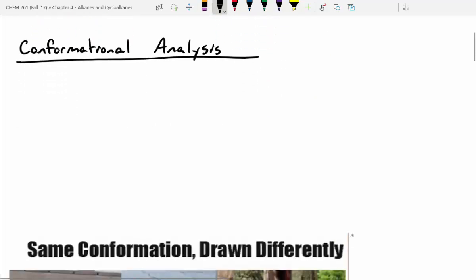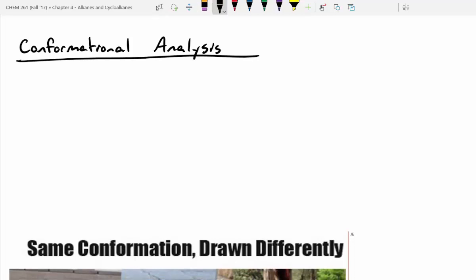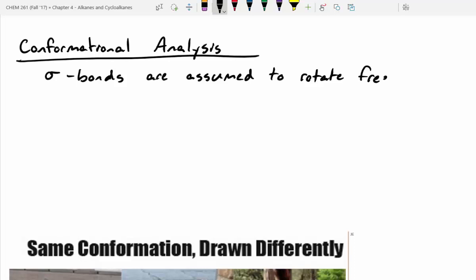All right, so conformational analysis basically assumes that sigma bonds can rotate. And this is at room temperature. If you cool them down close to absolute 0, the reality is they stop rotating as fast because they don't have enough energy to spin, right? But at room temperature, they're assumed to rotate freely.